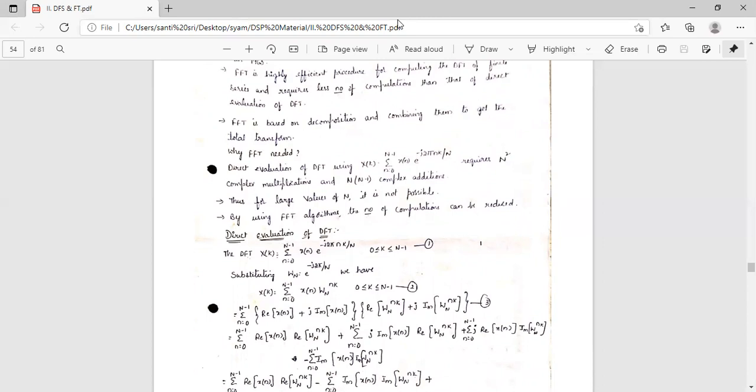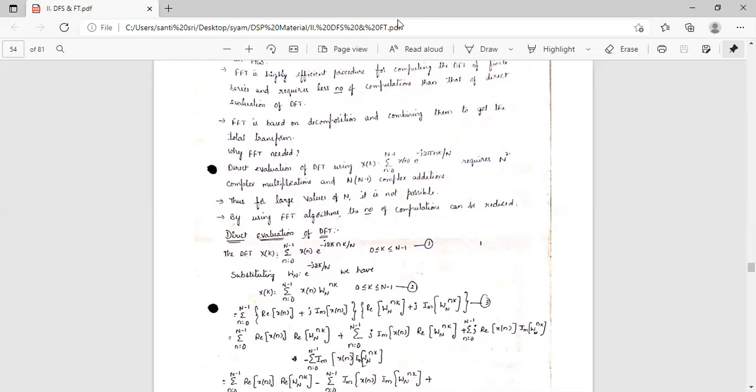Thus, for large values of N, it is not possible. So that's why by using the FFT algorithms, the number of computations will be reduced.